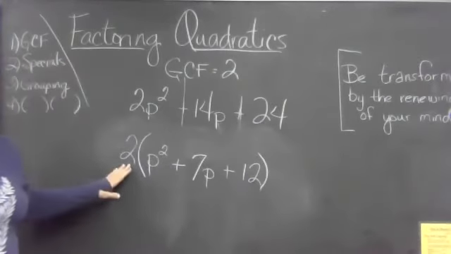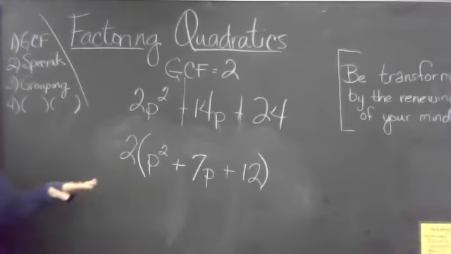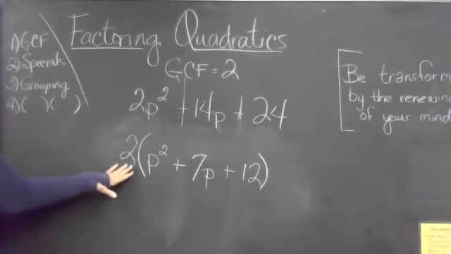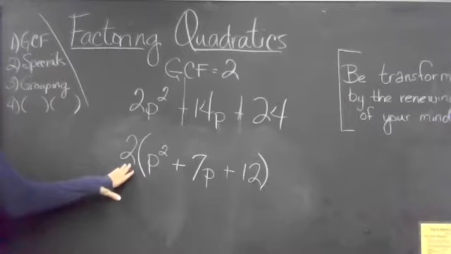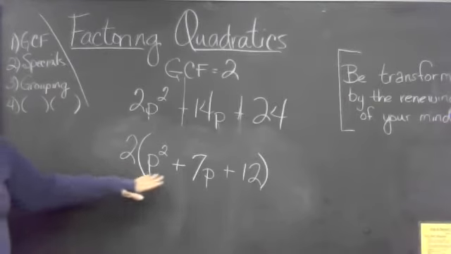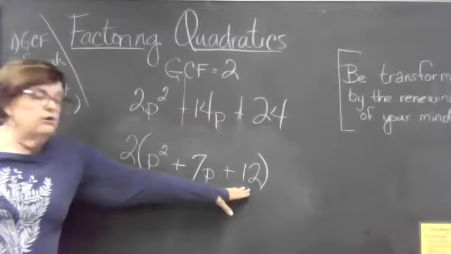This is factoring out the greatest common factor. Sorry, I was standing in the way. This is how we factor out the greatest common factor. I showed you how to find what it is, and then how to show that I divided the greatest common factor out, and what is left here is another polynomial.